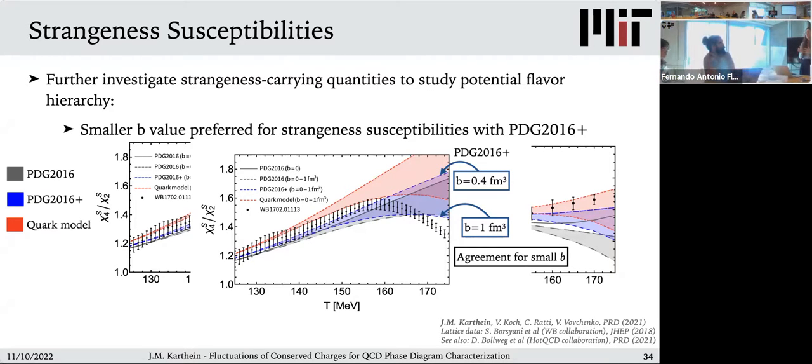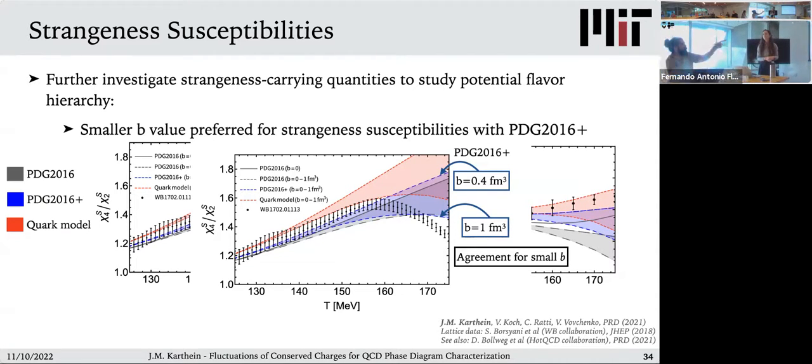That list basically already exists, and if I wanted to calculate susceptibilities, there's not much of a difference. If I look at the partial pressures, there is a difference because there was an extra meson and baryon that was measured more recently. So if you look into the fine details of the hadronic spectrum, you'll see some differences. For example, this higher order strangeness might be a little bit larger because I have that extra charm state here, but it will lie somewhere in between the quark model and the 2016 plus for sure.